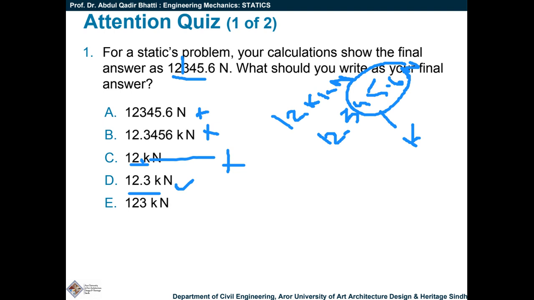If it's more than 4, 5, we can write 12.4, right? It's less than 5, so we use 4, same thing here, yes?